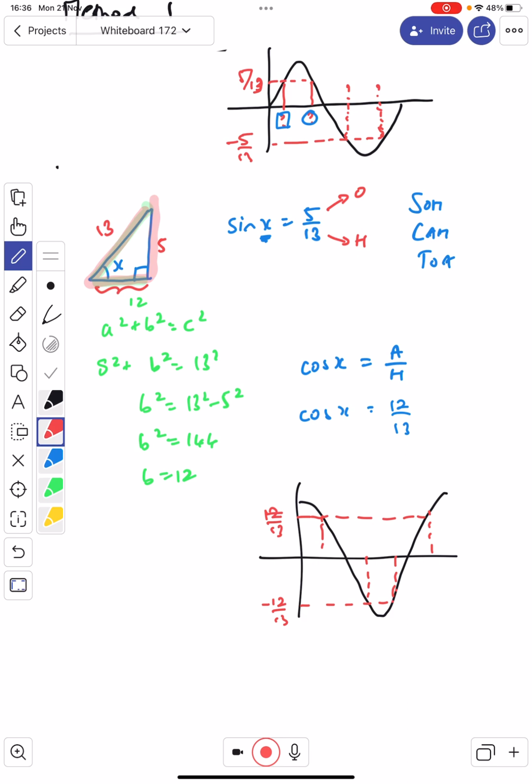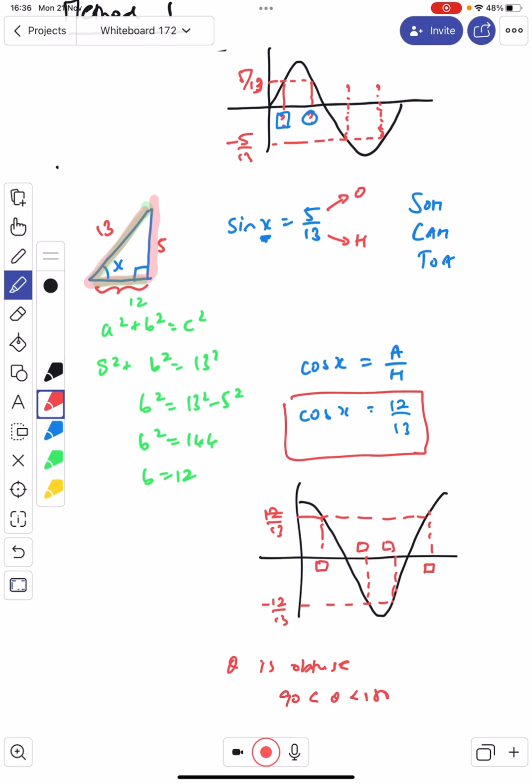So now what we're going to do is go back to what we've got here, and rewrite that as cos of theta. So theta can be one of these four angles. It can be that one, that one, that one, or that one. Now because we know that theta is obtuse, which means that the actual size of it is between 90 and 180, there's only one of these four angles that is between 90 and 180.